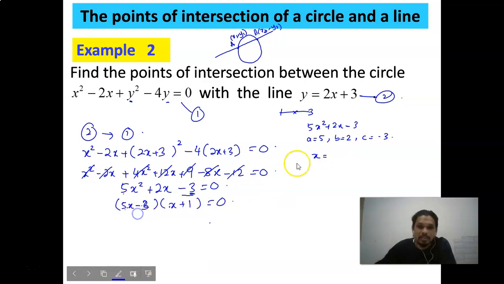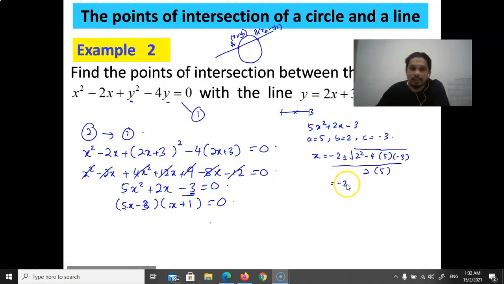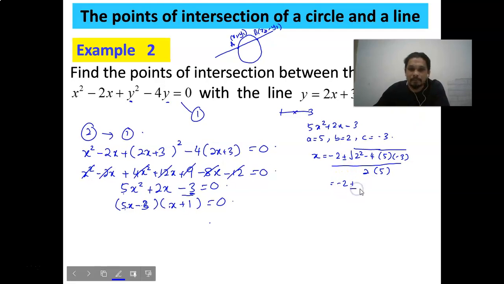The formula is negative b, which is -2 here, plus minus square root of b squared minus 4ac, where a equals 5 and c equals -3, divided by 2a, where a equals 5. So -2 plus minus square root of 2 squared equals 4, negative times negative is positive, 4 times 5 equals 20, 20 times 3 equals 60, divided by 2 times 5 equals 10.